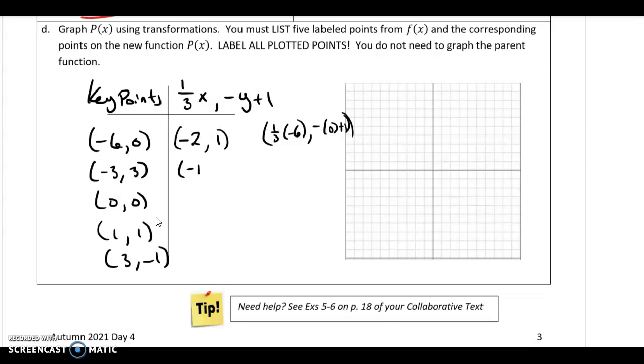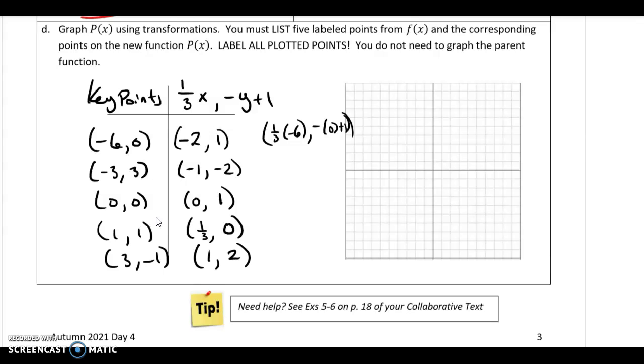And then -3 plus 1 is -2. 1/3 times 0 is still 0. And then -0 plus 1 is 1. 1/3 times 1 is 1/3. -1 plus 1 is 0. 1/3 of 3 is again 1. -(-1) is +1, plus 1 is 2.